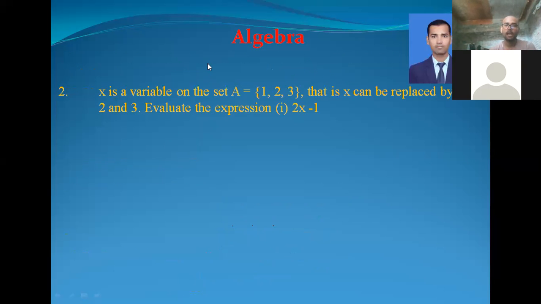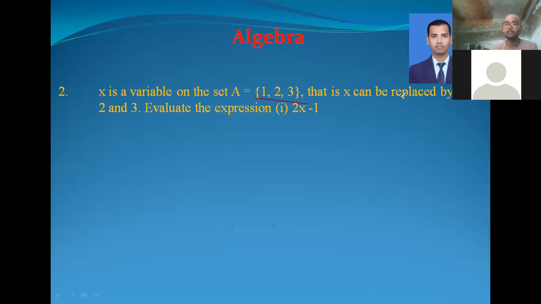The other question is given to you on the screen. That is, x is a variable on the set A is equal to 1, 2, 3. Okay, x is a variable where the values of x are given in the set A, where the elements of set A are 1, 2, 3. You can see here 1, 2, 3.